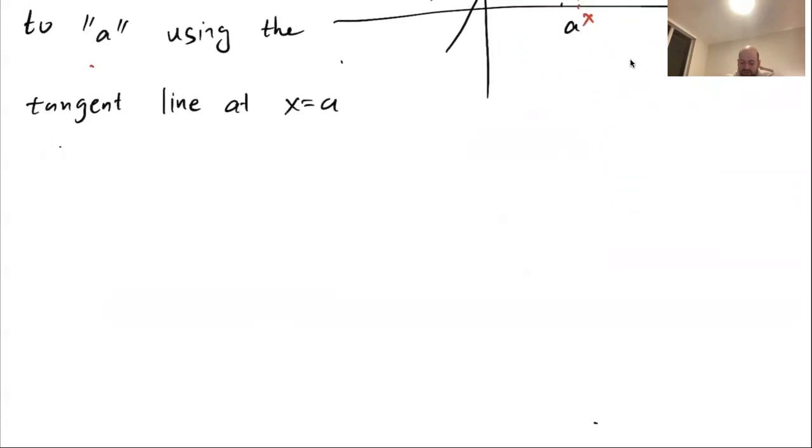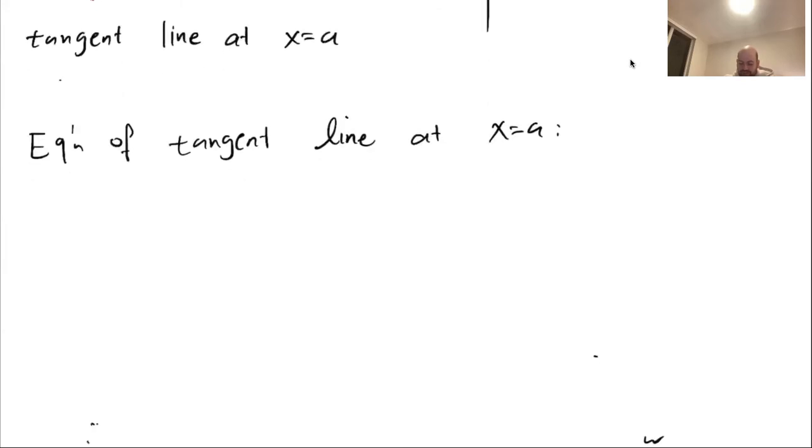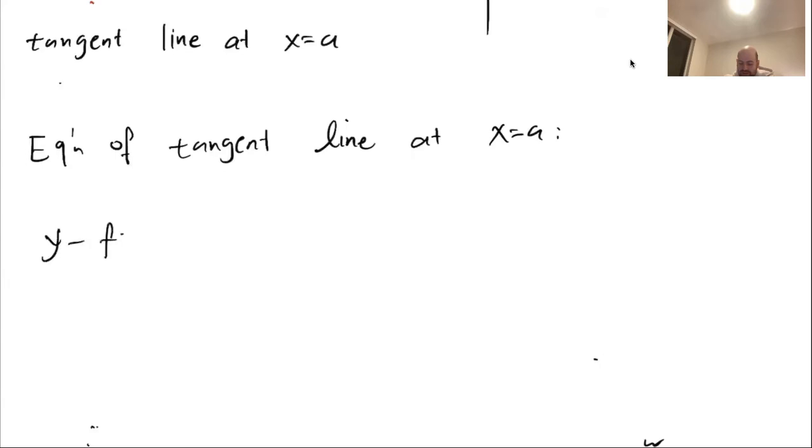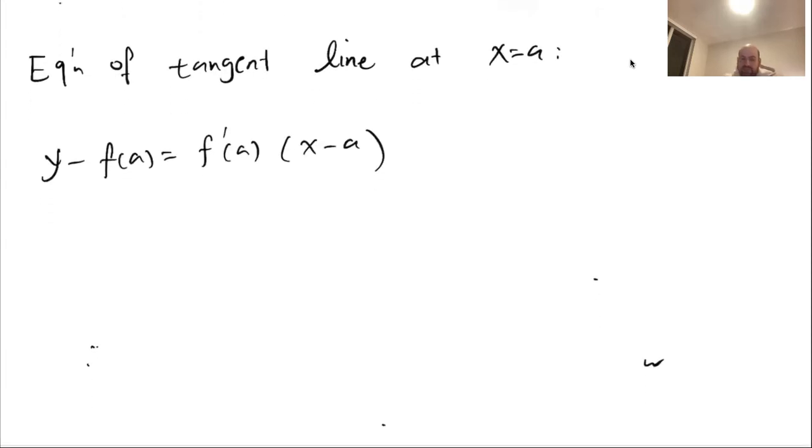So what was the equation of the tangent line at x equals a? y minus f of a equals f prime of a times x minus a. This is the equation of the tangent line at x equals a. So we can say that y is equal to f of a plus f prime of a times x minus a.